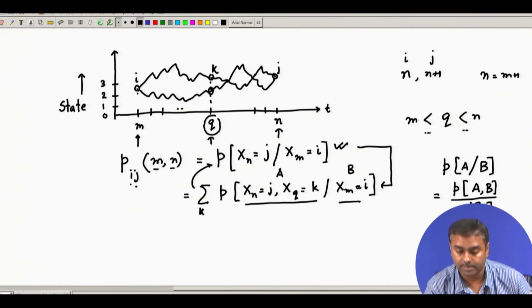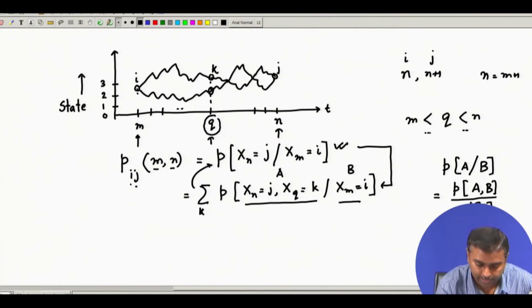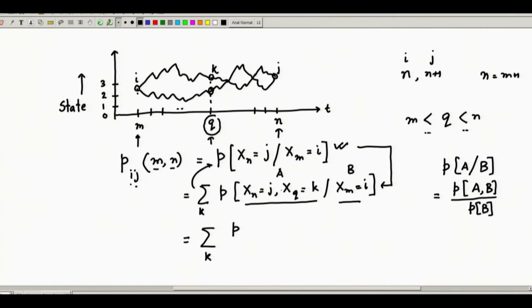So, I can apply this Bayes theorem inside the summation, no problem with that. So, I can rewrite this. A intersection B, or both joint event A and B, that should be all these things happening: probability that X_n equal to j, X_q equals to k and X_m equals to i, divided by probability of just this.